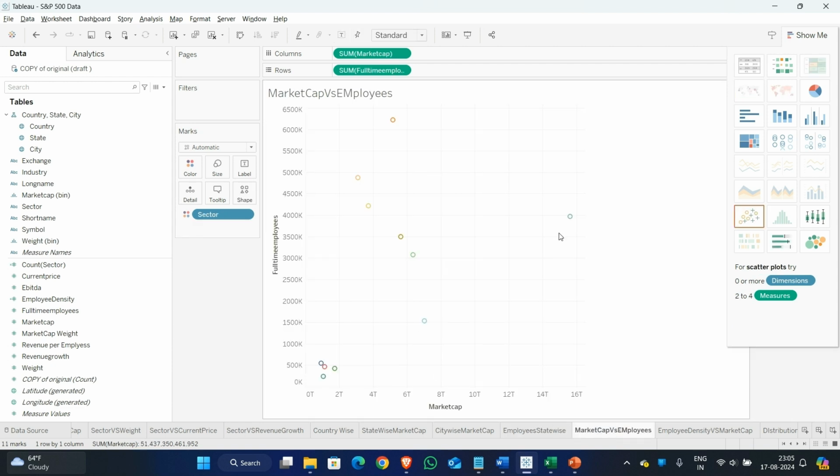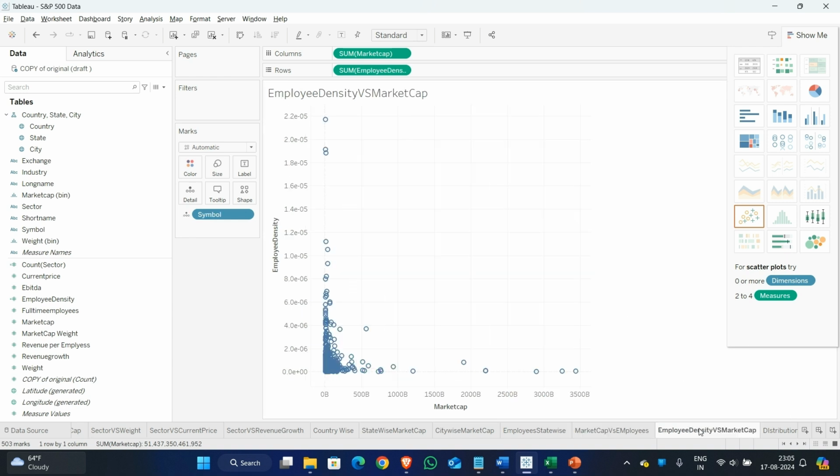Now we move to the correlations between various metrics. This is the correlation between market cap and full-time employees. And to show the trend line, you can do a right click, and the trend line shows it's a positive correlation.